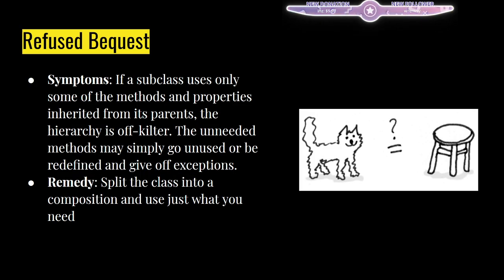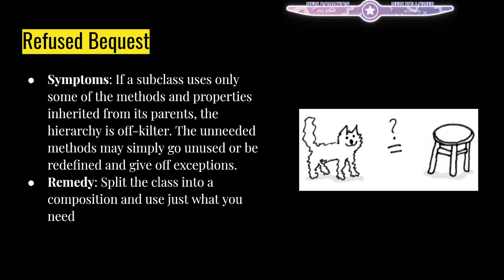And regarding code smells, this is really just the same thing that I already said differently, and this is Liskov's substitution principle violation said differently. Basically a symptom: if a subclass uses only some of the methods and properties inherited from its parents, the hierarchy is broken.